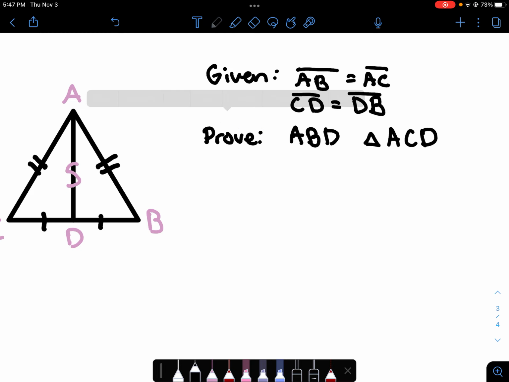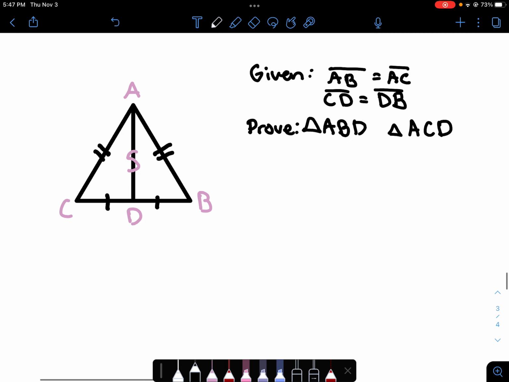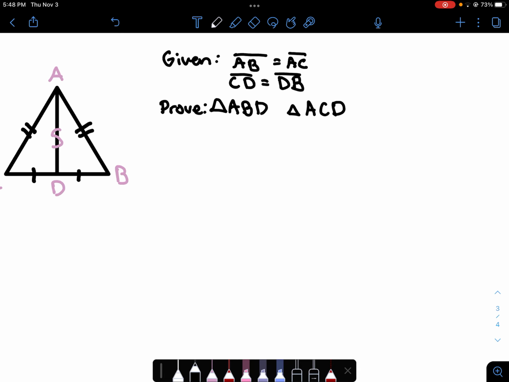Now, I didn't check if I named these correctly, but what you want to do is make sure that the congruent sides line up when you name it. So AB is congruent to AC, which checks out. ABD, and then I did ACD. So this is named correctly.